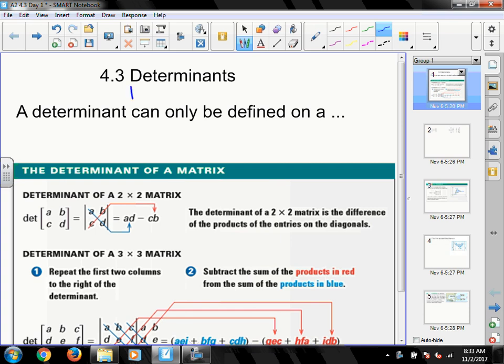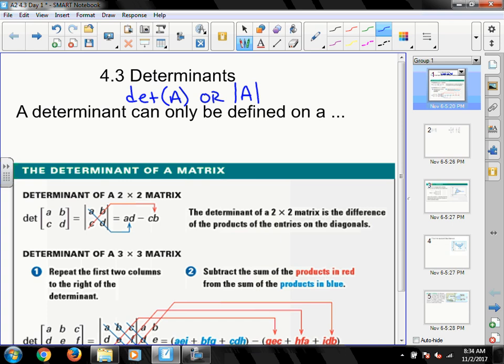Your book, a lot of the time, uses just the letters DET and then A to symbolize that they want the determinant of matrix A. Some other things that your book may do, I've seen it written as determinant A, or it looks like absolute value bars around it, but in fact it's not absolute value. These are two ways that we are going to symbolize the determinant.